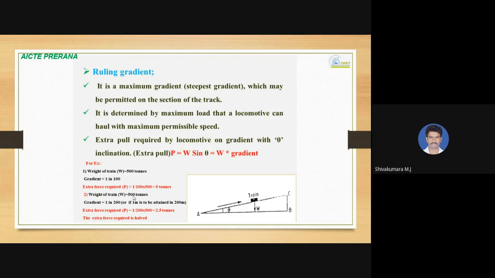In the same manner, another example: if the weight of a train is 500 tons, and the gradient provided is 1 in 200, the extra force required to pull the locomotive will be 1 divided by 200 of 500, it will be 2.5 tons. So this is how to calculate the extra force which is required to pull the locomotive.